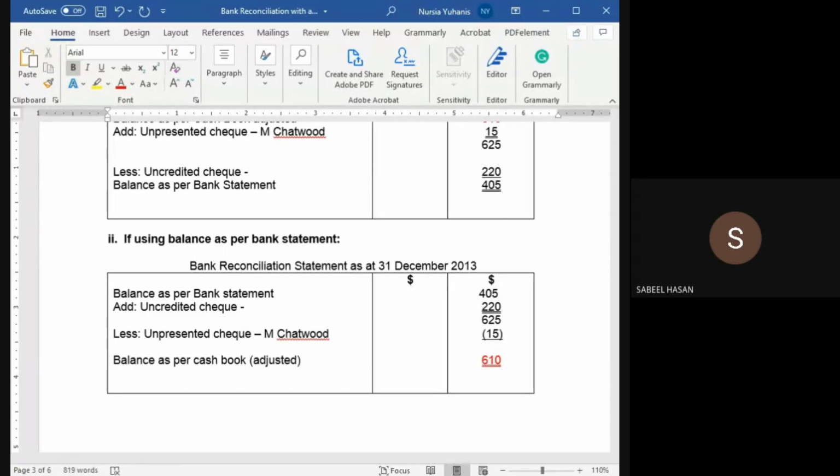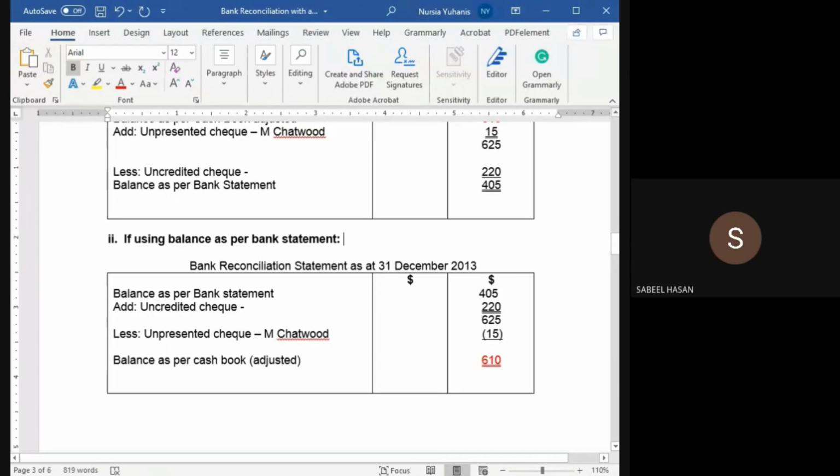If you start with your cash book, you can choose to prepare an adjusted cash book or not. But when you prepare the bank reconciliation statement starting with your balance as per bank statement, then you must adjust your cash book.